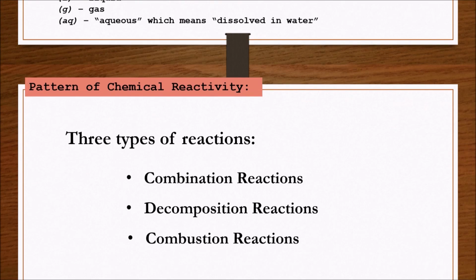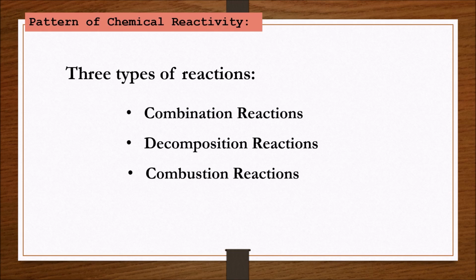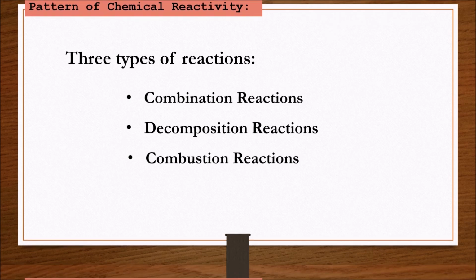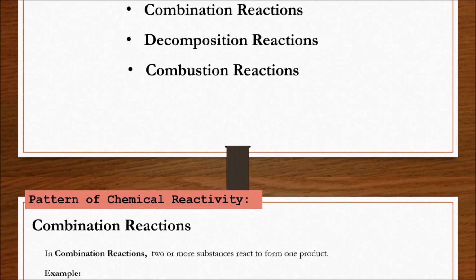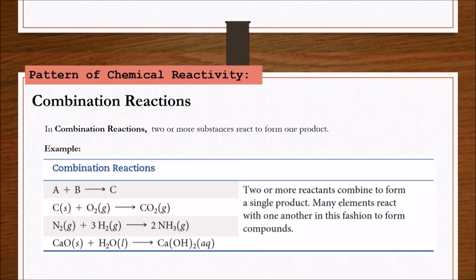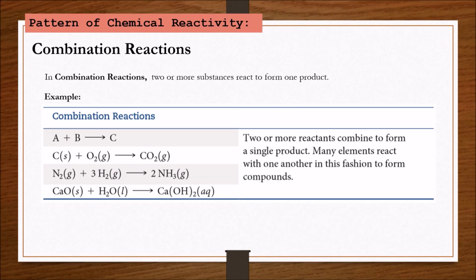Okay, so let us now move forward. There are three different kinds of chemical reaction: combination reaction, decomposition reaction, and combustion reaction. In a combination reaction, two or more elements or compounds are combined to form one or more products. So here's an example.